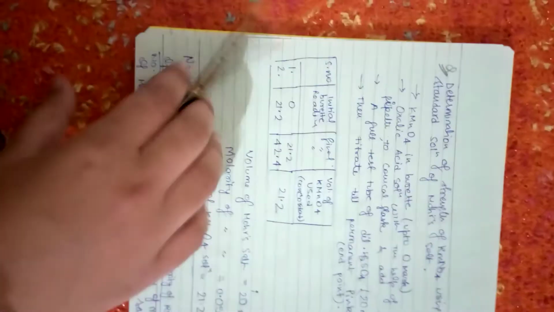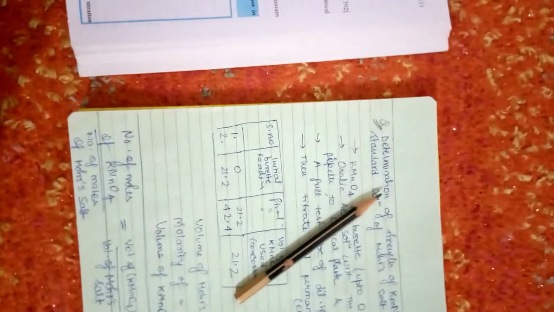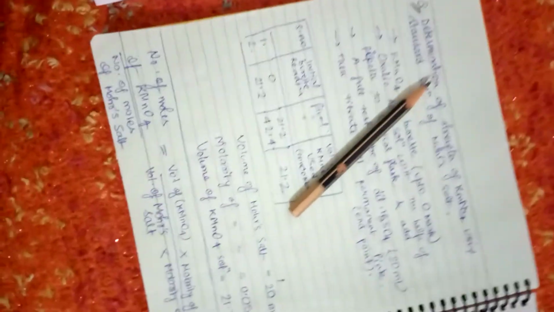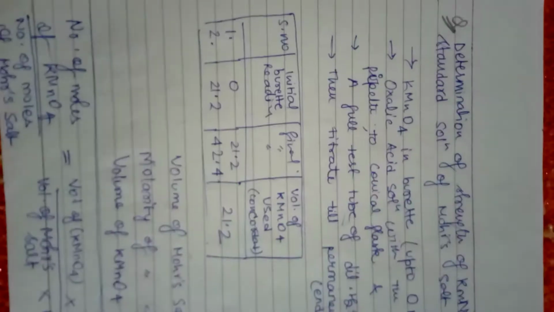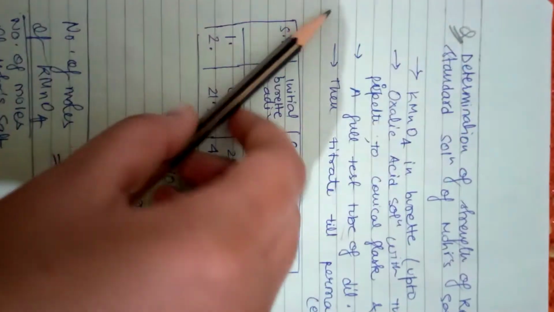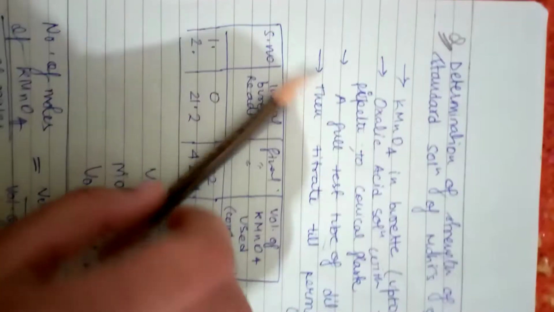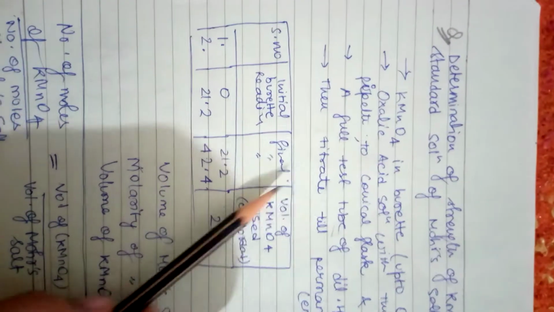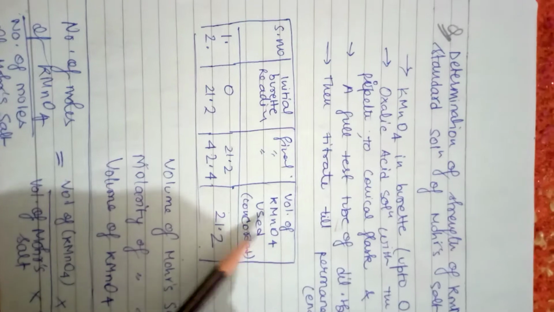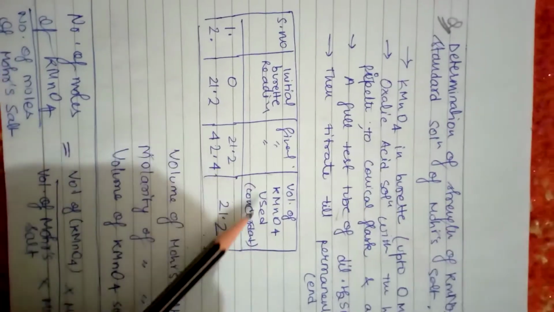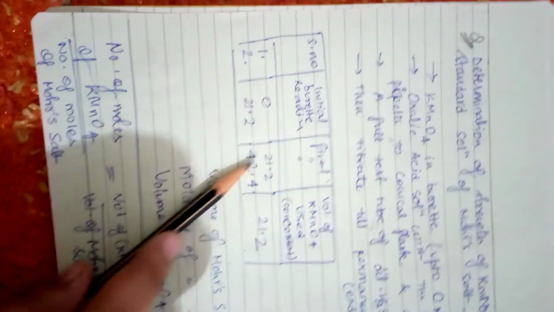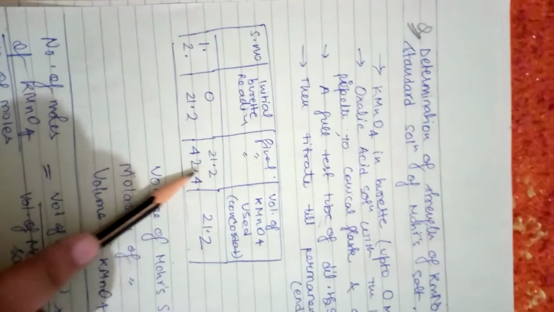Here I've shown you something different which I've not shown you for the oxalic acid. Here I've shown you how you can calculate the volume of the KMnO4 using the titration technique. So it's a little sneak peek. You can also learn how to write it: first column serial number, then initial burette reading, then final burette reading, then volume of KMnO4 used or consumed, then concordant, so 0 to 21.2, 21.2 to 42.